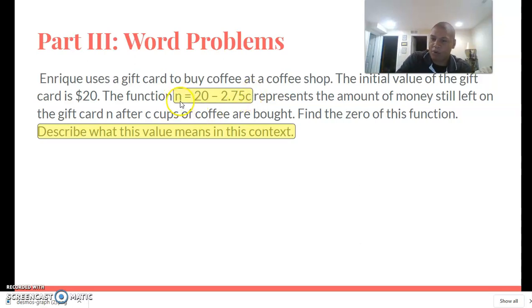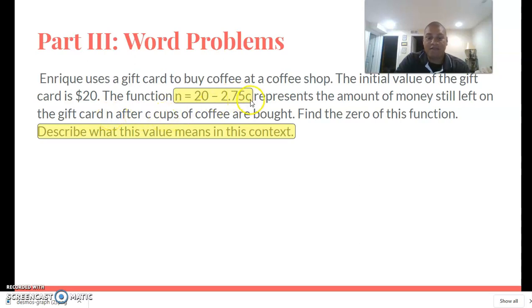Coincidentally, I pointed at the n when I said there is no y, and at the c when I said there is no x, because n is working the same as y and c is working the same as x. If we think about it, n equals 20 minus 2.75c is very similar to slope-intercept form. We have some number, n, which in this case is the amount of money still left on the gift card, and it tells us there, okay?